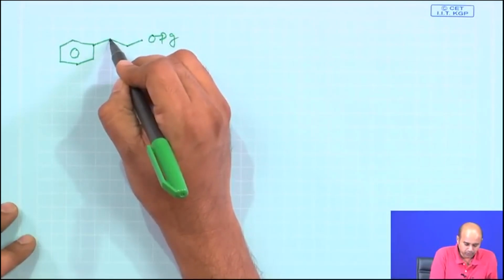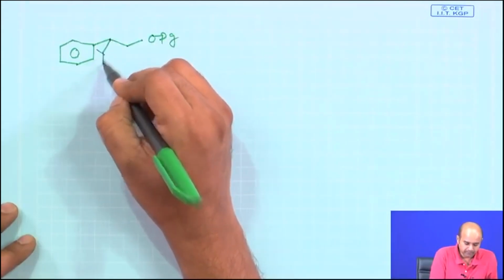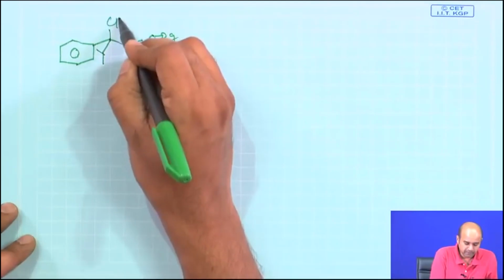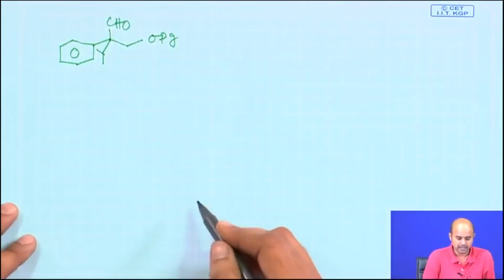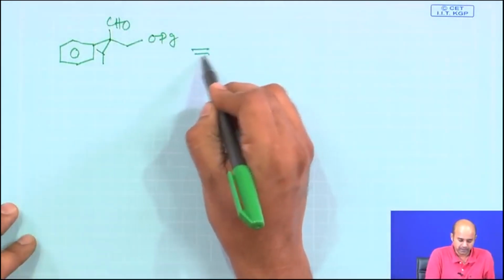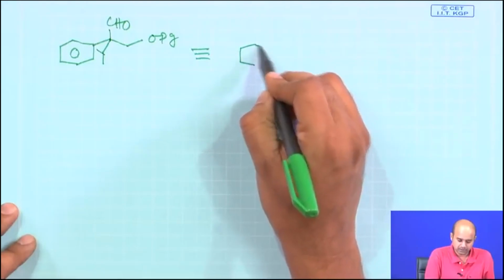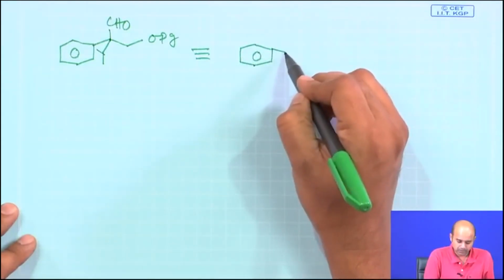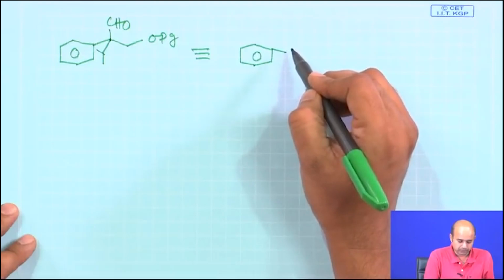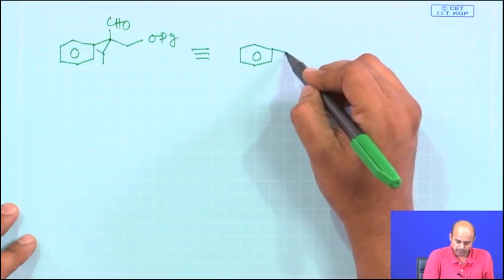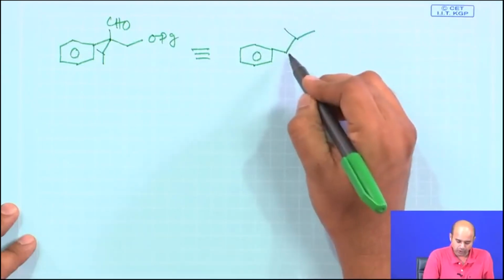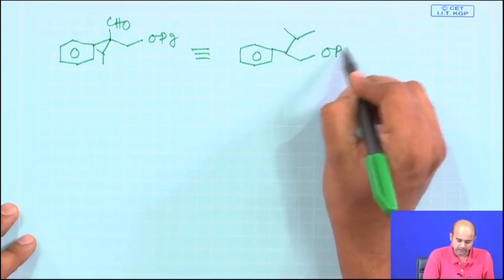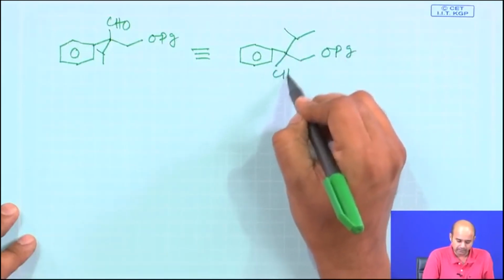This isopropyl group will definitely migrate, and you have this CHO after this rearrangement takes place. So the compound is: put the isopropyl group on top, this OPG and your aldehyde.